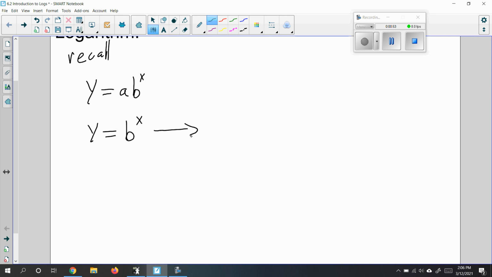If y equals b to the power x, then log base b of y is equal to x. So this is read as log base b of y is equal to x. And this is just a new function.